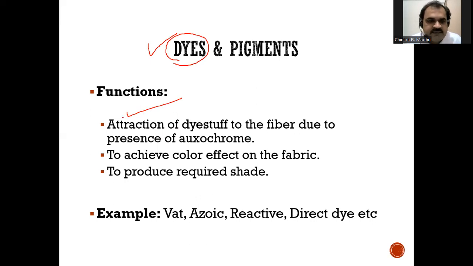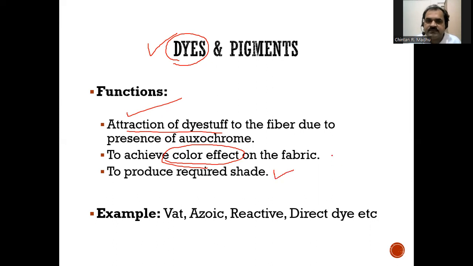All this can be done with the varieties of color, and those varieties of colors are ultimately our dyes in the case of textiles. We want to prepare a color effect on fabric and we want to make a shade.